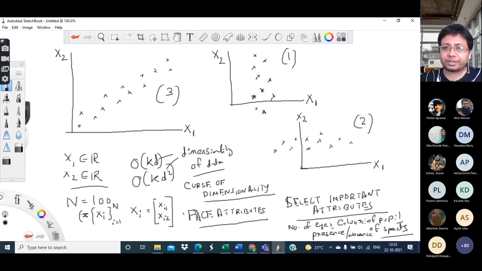Now, if these are the three attributes available, can you say intuitively whether all of them are equally important or not for the purpose of face recognition? Or if not, which features are important and which are not?